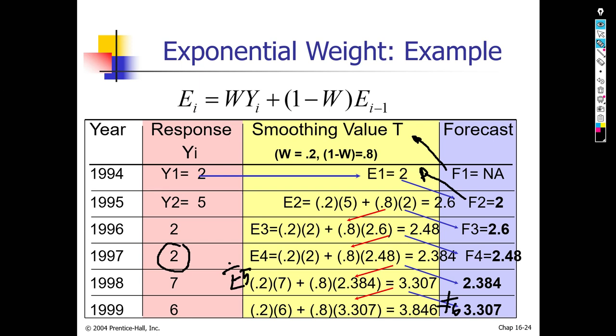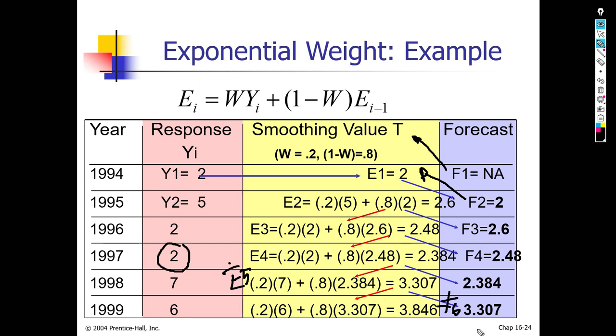F6 is equal to 3.07 because our F6 takes the value of E5. Then your E6. E6 is 0.2 multiplied by Y6 plus 0.8 multiplied by 3.37, which is E5, is equal to 3.846.